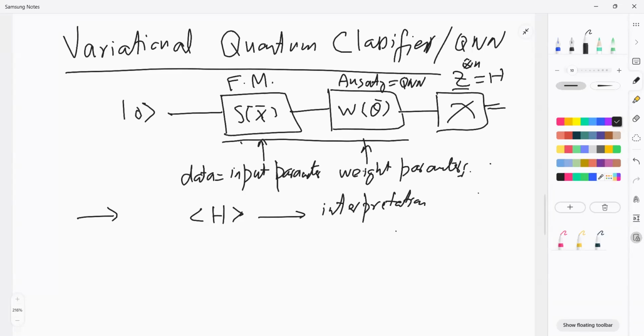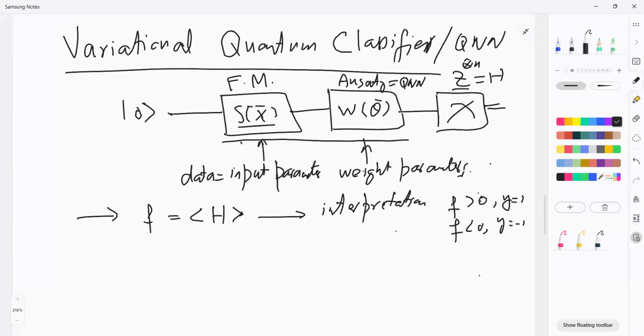Let's say if there are only two labels, we can take this expectation value and say if it's greater than zero, let's call the label 1, and if it is negative, let's call the label -1, and maybe we can use some other threshold instead of 0 as well.